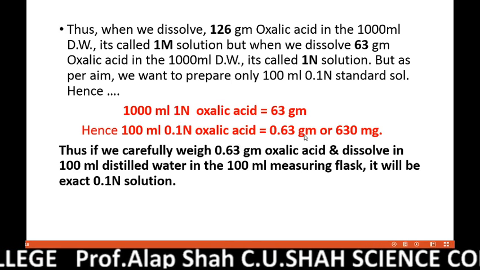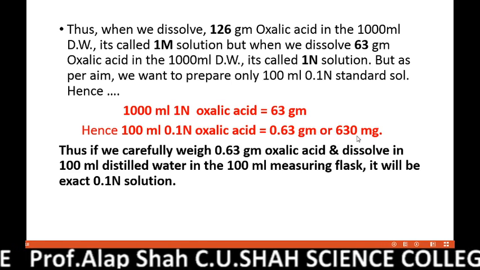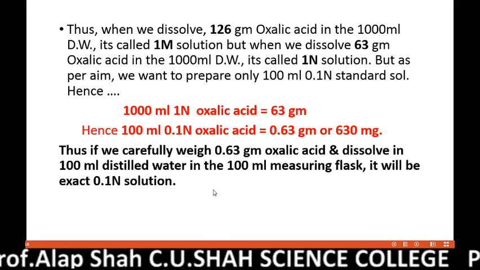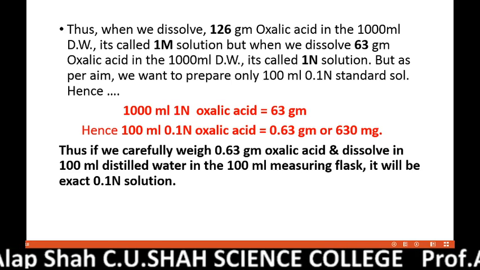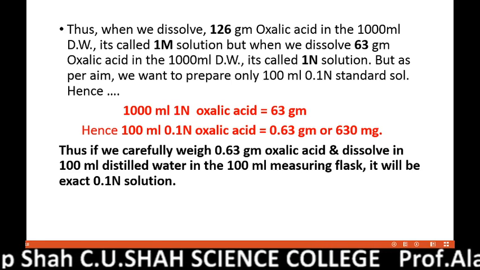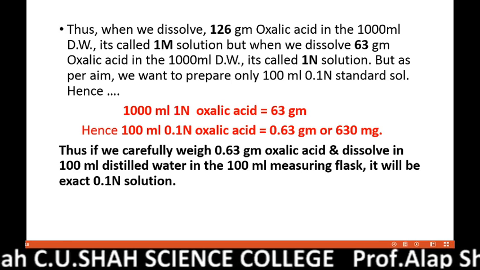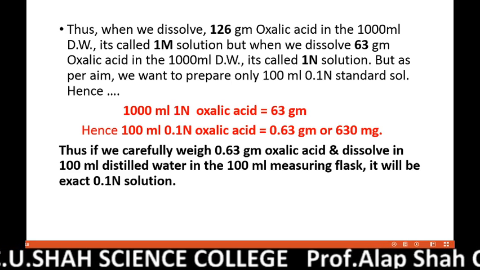Or if we convert this into milligrams, it will be 630 milligram. After weighing this 630 milligram of oxalic acid, how to dissolve it thoroughly in water, transfer into the measuring flask, and what care should be taken, all these points I have discussed in the first 2 parts.